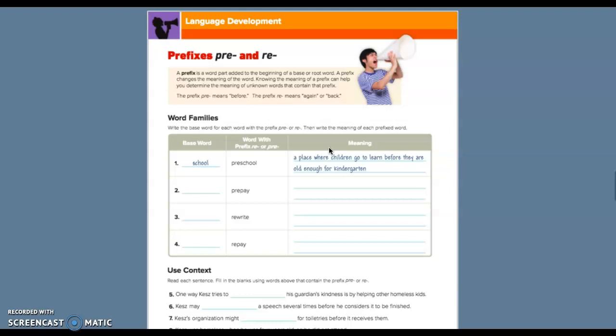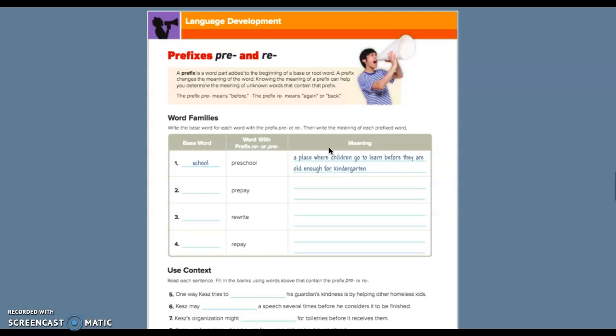The base word of that would be school, right? Preschool, and the base word would be school. The meaning is a place where children go to learn before they are old enough for kindergarten. Because pre means before, right? So before kindergarten, before school.